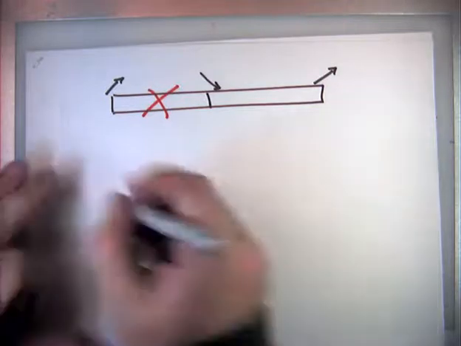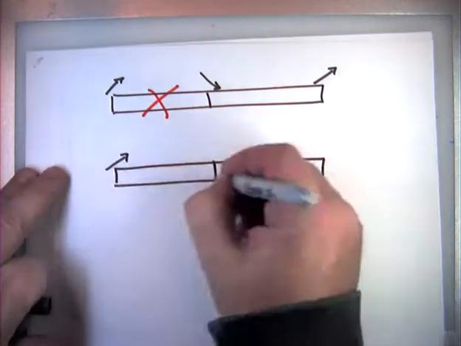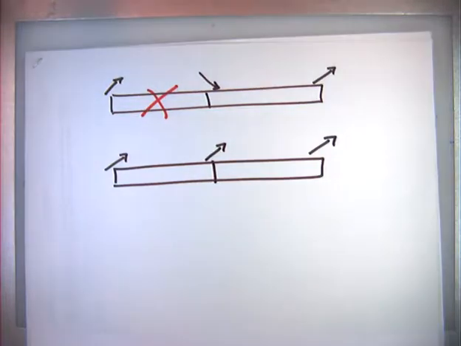Now, for something slightly harder, what if I see this? a1 is bigger than an, and a(n/2) is bigger than a(n/2 - 1).